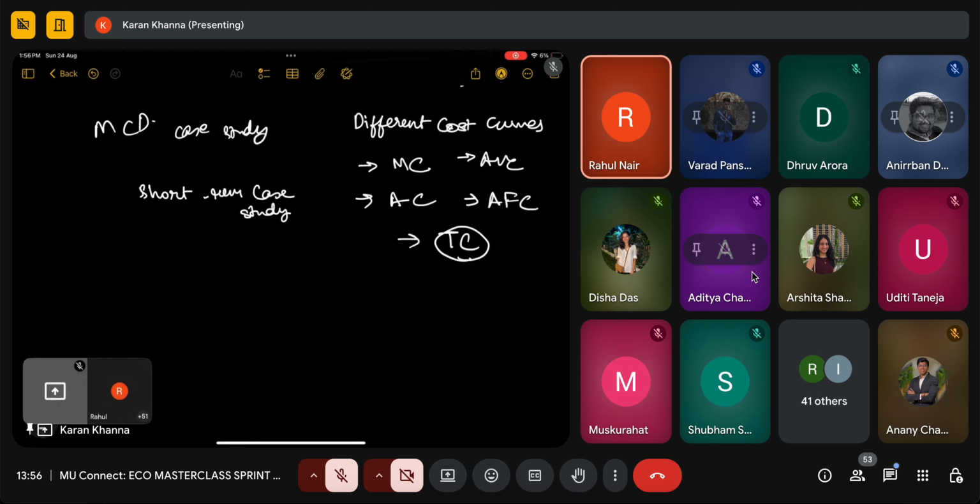Okay. All right. So fixed cost and variable cost. Fixed cost is something which remains fixed in the short run, and variable cost varies with the output.